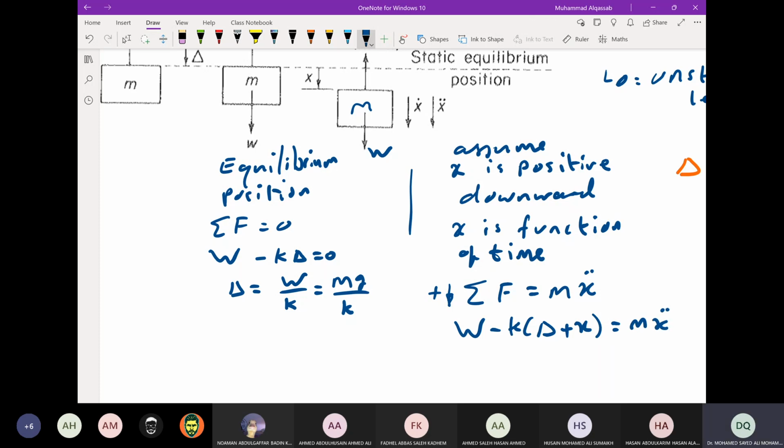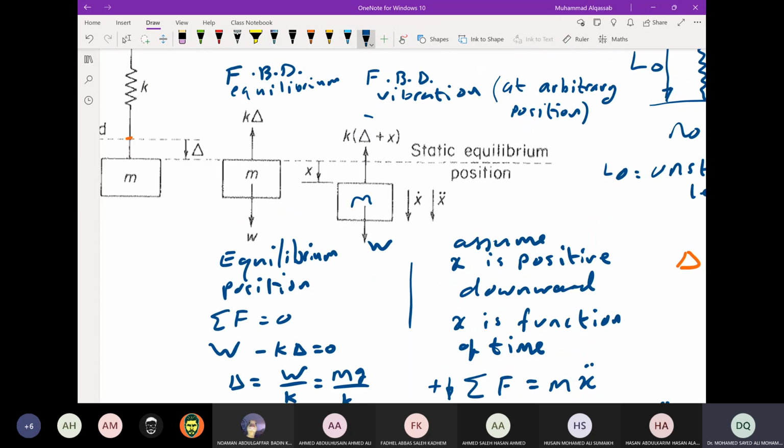Okay, if you draw the free body diagram above, then that will be k times delta minus x. But with the definition that x is downward positive, when the mass is above the static equilibrium, x is negative.